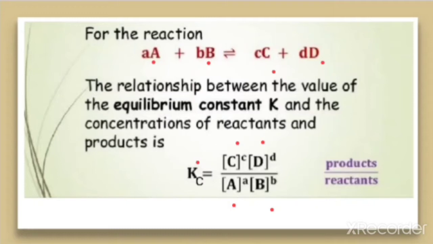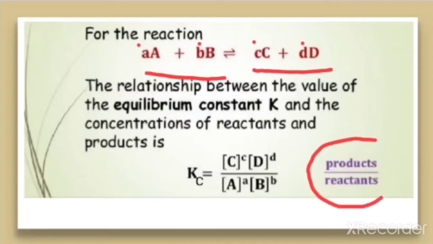So here the relationship between the value of equilibrium constant and the concentration of reactant and product is product by reactant, and the important thing is that the stoichiometric coefficient should be taken in the power.